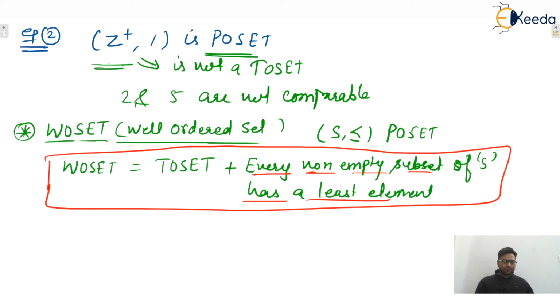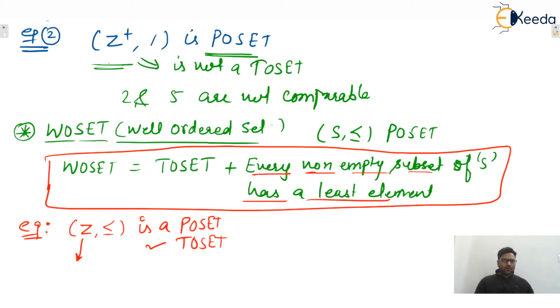Okay. So let us consider one example. Let's say the set of integers on the relation less than or equal to. This one is a well known POSET, and we discussed it right now. Now we'll see whether this one is a WOSET or not.